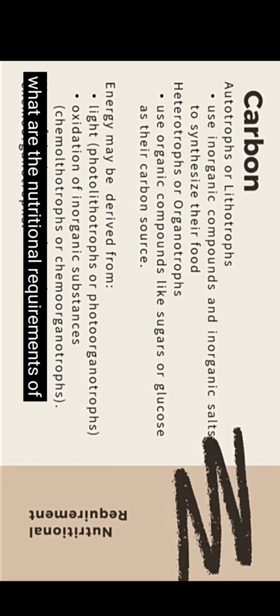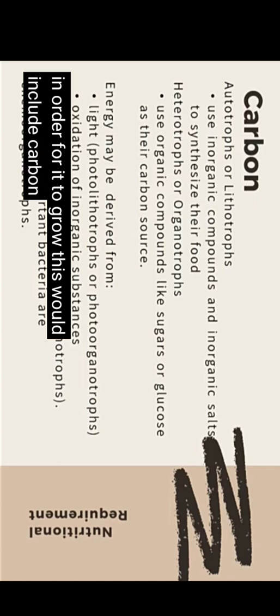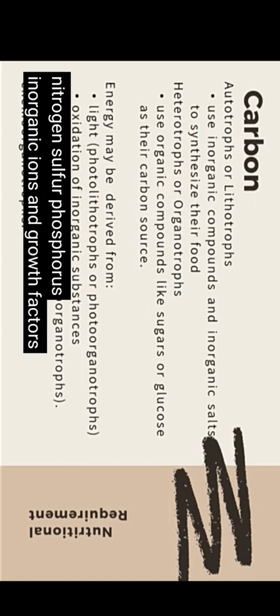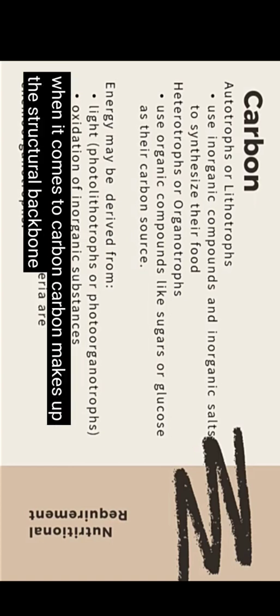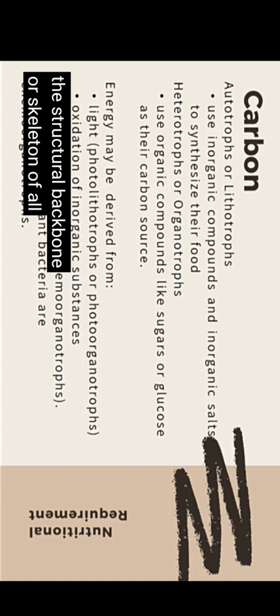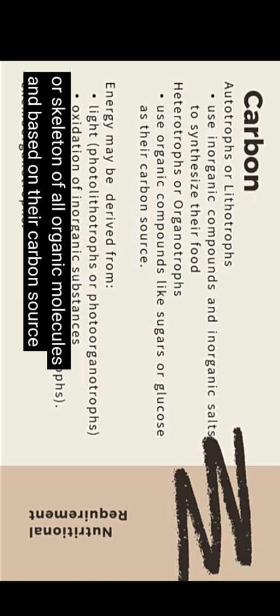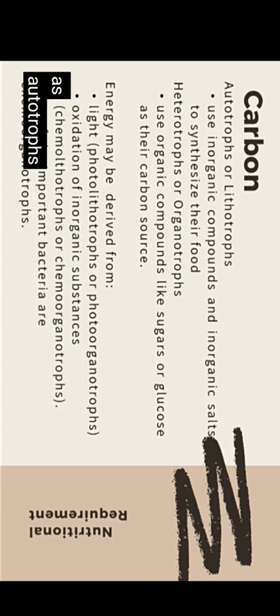What are the nutritional requirements of bacteria? In order for it to grow, this would include carbon, nitrogen, sulfur, phosphorus, inorganic ions, and growth factors. When it comes to carbon, carbon makes up the structural backbone or skeleton of all organic molecules, and based on their carbon source, microorganisms may be classified either as autotrophs or lithotrophs.